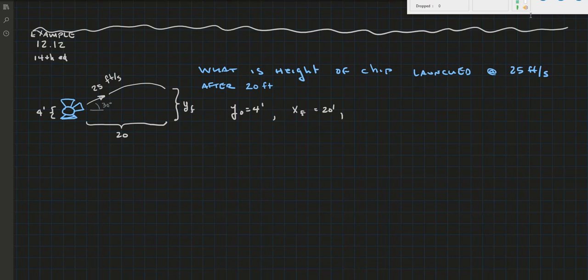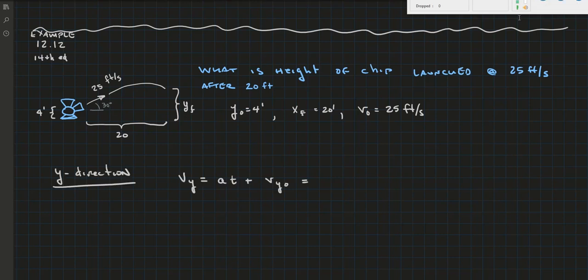We've got an initial velocity of 25 feet per second. And that's about it. So we can break this 25 feet per second into horizontal and vertical components, and we can approach this with horizontal and vertical kinematics here. So in the y direction, let's look at the velocity in the y direction, which is a t plus vy0.